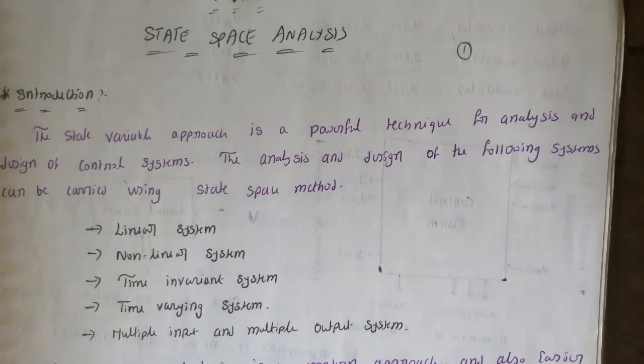Multiple input and multiple output system means a control system capable of receiving multiple inputs and giving multiple outputs. In general, state space analysis is used for computer operating methodology. So any control system we can analyze with state space analysis.